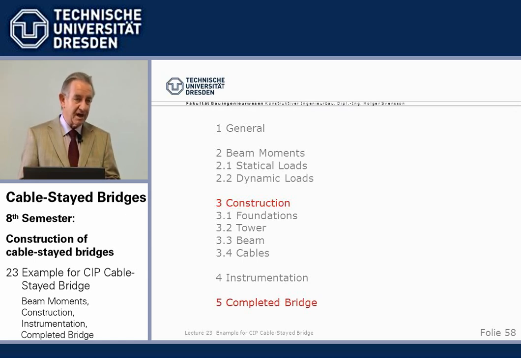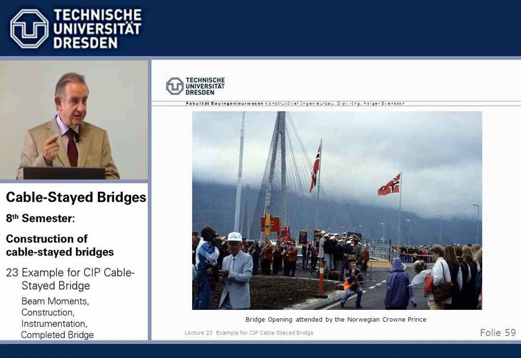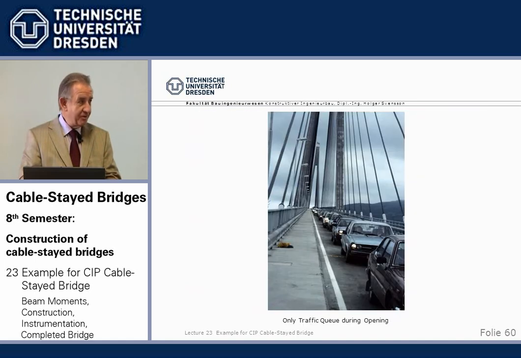In winter, it hardly comes above the horizon at the polar circle, but here there was a big festivity the night through, and I think at 3 or 4 o'clock in the morning we went on board the Hurtigruten, this postal ship line which goes up there. We had beautiful weather. It was a very nice open festivity. And during that occasion, the bridge, I think, for its only time in its life, saw a traffic queue. It will never occur again, but it did during opening.